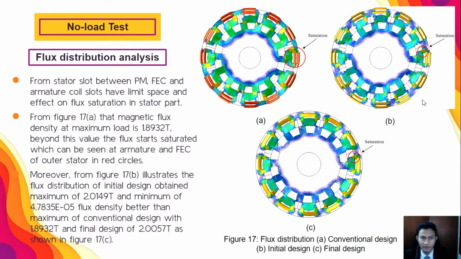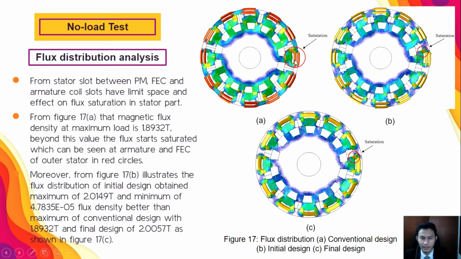In figure 17A, the magnetic flux density is at a maximum of 1.8932. Beyond this value, the flux will start to saturate, which can be seen at the armature and FEC of the outer stator in the red scale. So we can see the saturation will start here.